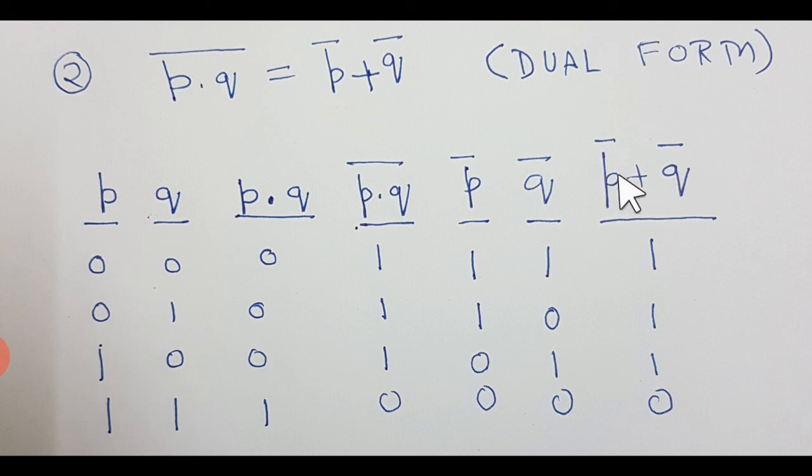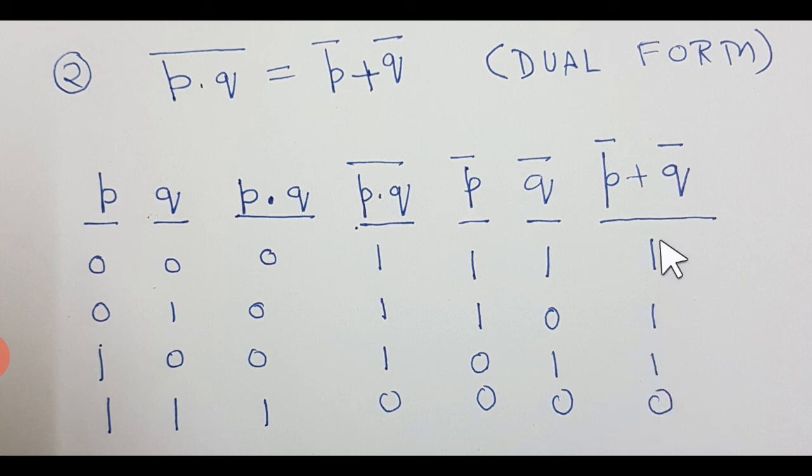So P bar plus Q bar produces what? 1 1 0 0, because it is the OR operation. Alright, so here even if a single 1 is there, then the output will be 1. So we have here 1 1, 1 0 1 0 1 1, and 0 0 means when all are 0, then 0 will be produced.